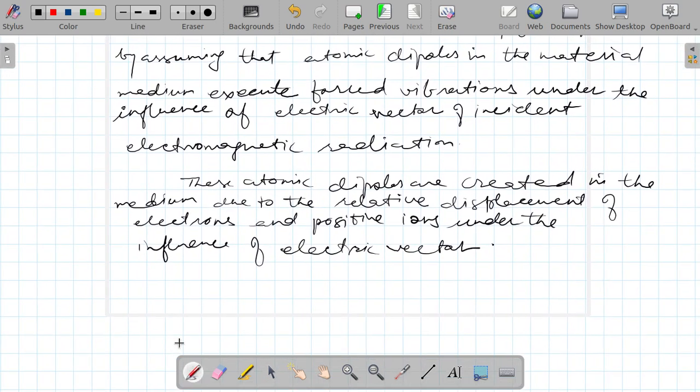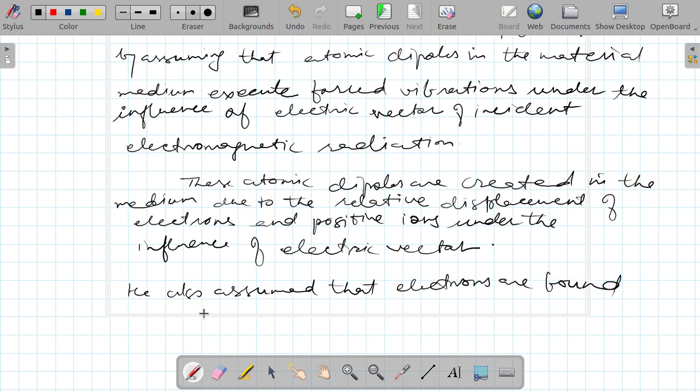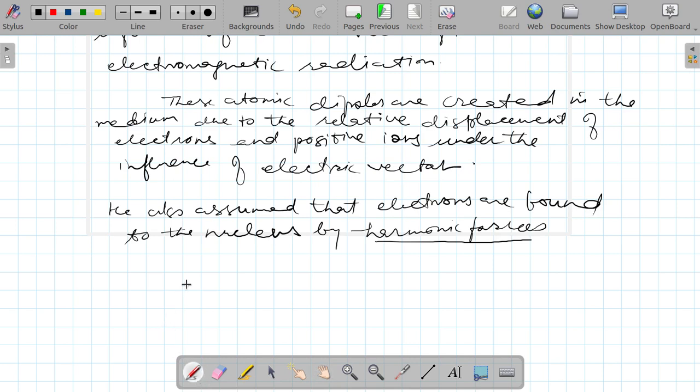And he also assumed that electrons are bound to the nucleus by harmonic forces, and these harmonic forces cause a force minus gamma x acting on the electrons.